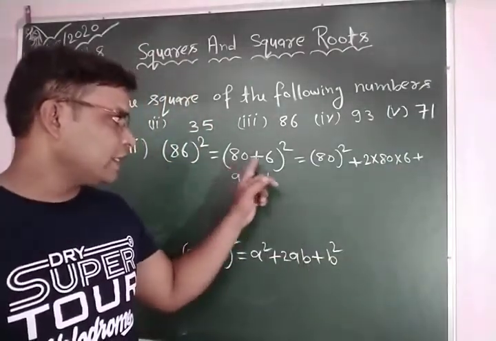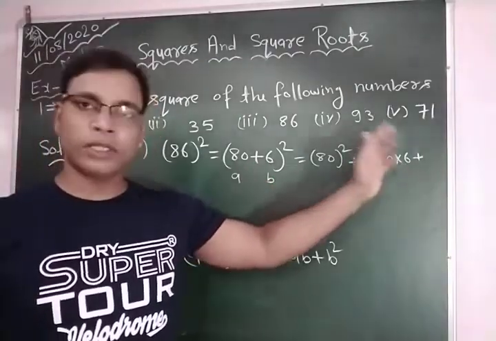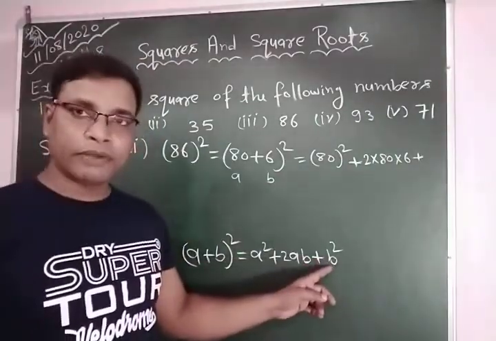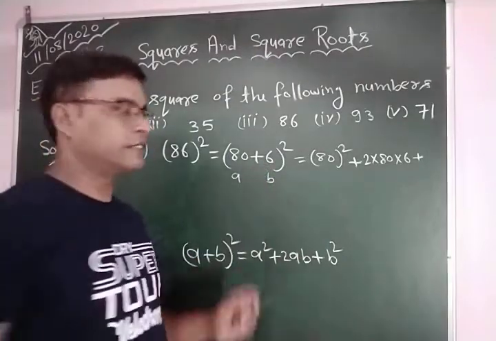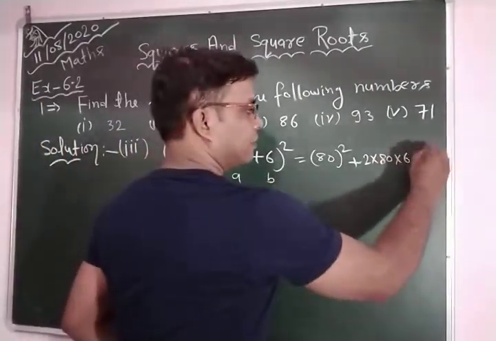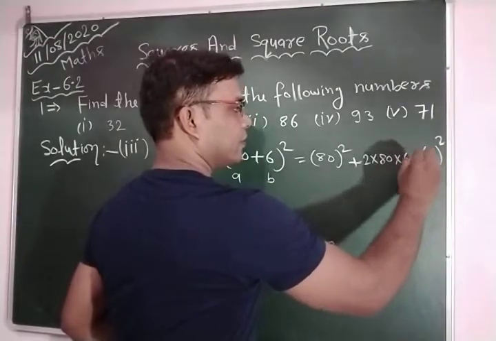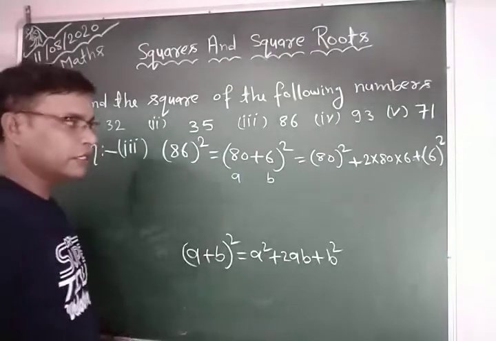Here a is 80 and b is 6, so 2 into 80 into 6. Clear. Now plus the square of b, so in place of b here 6, so you write square of 6. Okay, now this is clear.